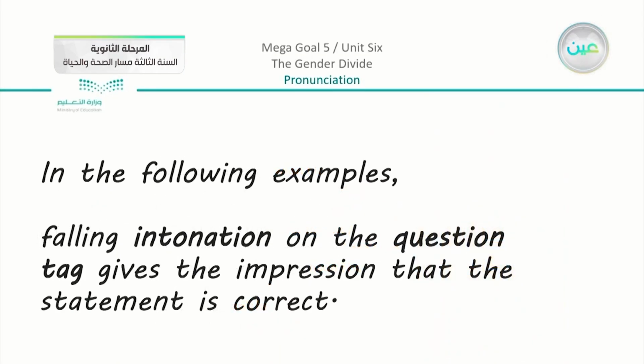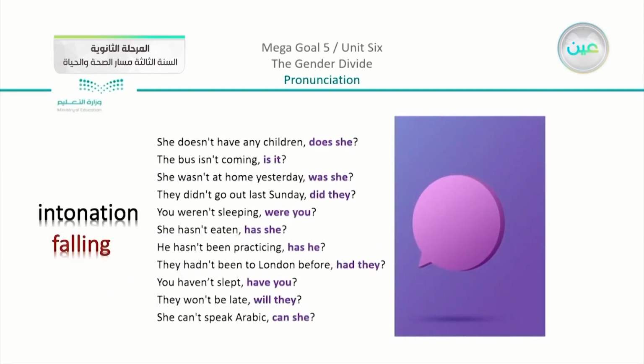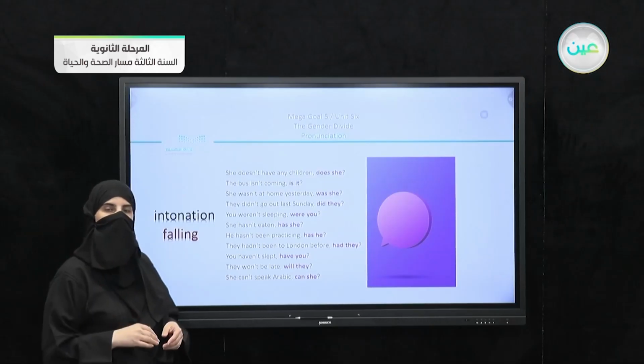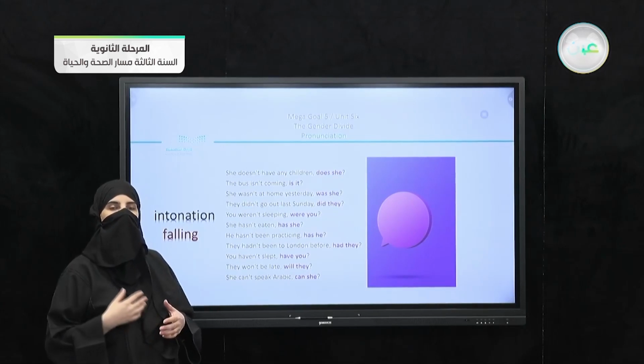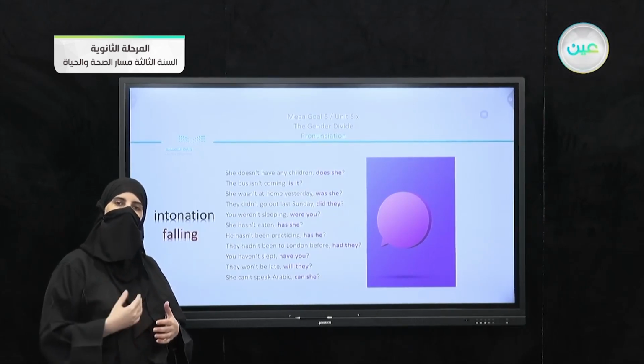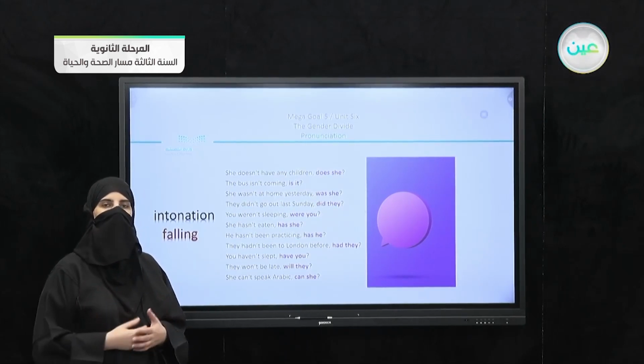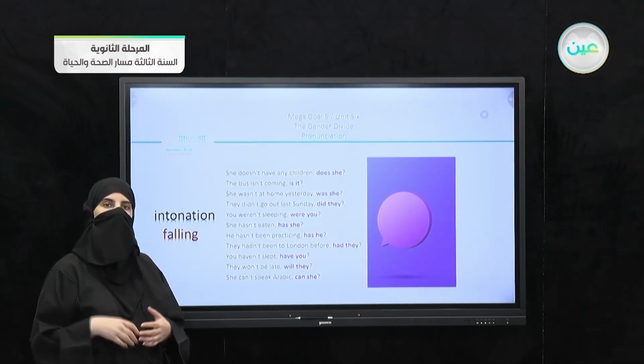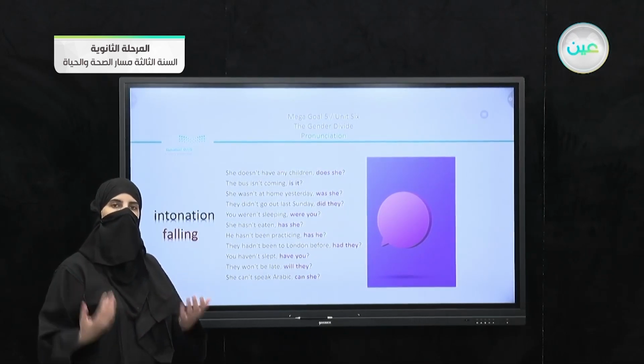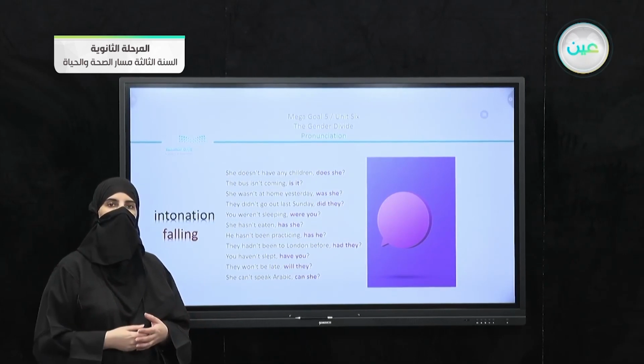In the following examples, falling intonation on the question tag gives the impression that the statement is correct. So when I have a falling intonation, I am actually sure of the answer, but I'm just going to make sure that my answer is correct. So it's like just making sure of a part that I am already familiar with.